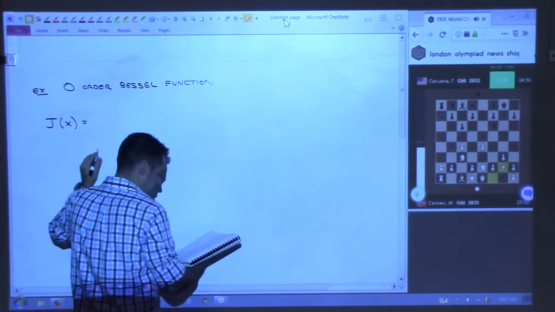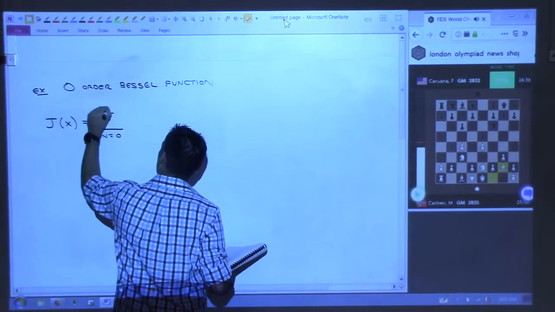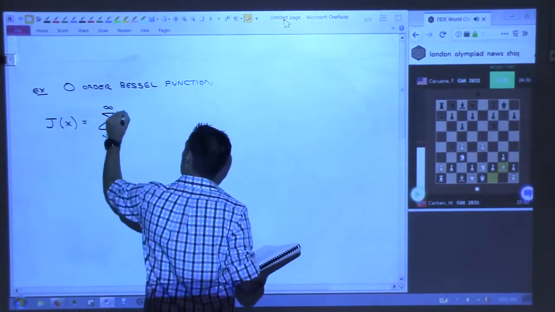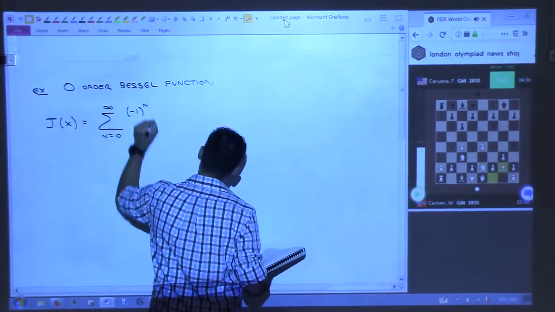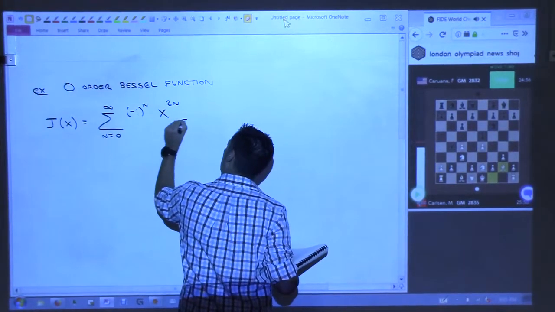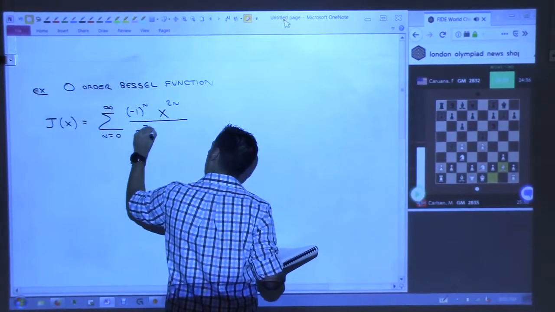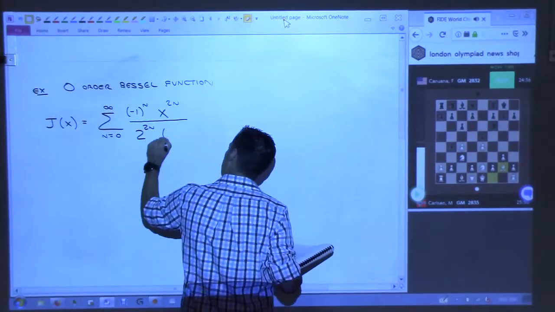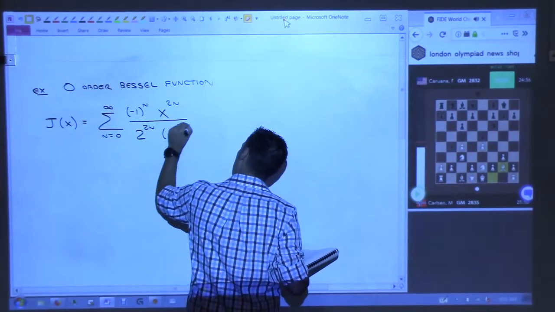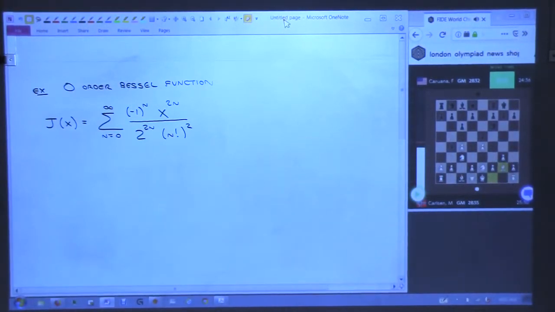I tried to start class by explaining that this can be used in all sorts of applications, but here's the function. And once I write it down, you'll recognize, hopefully, that this is a power series. It looks very complicated. That is a Bessel function of order 0.